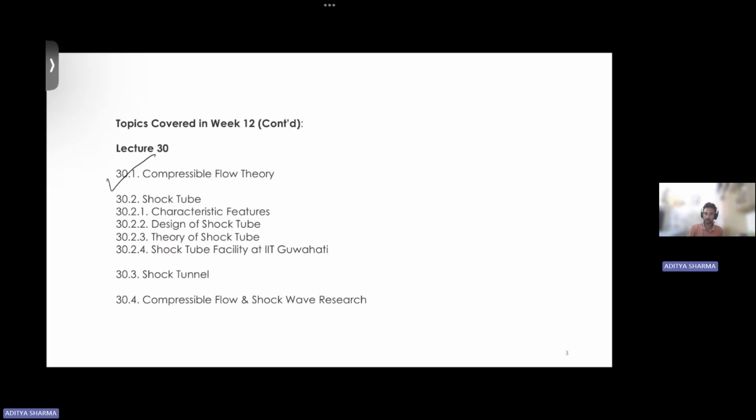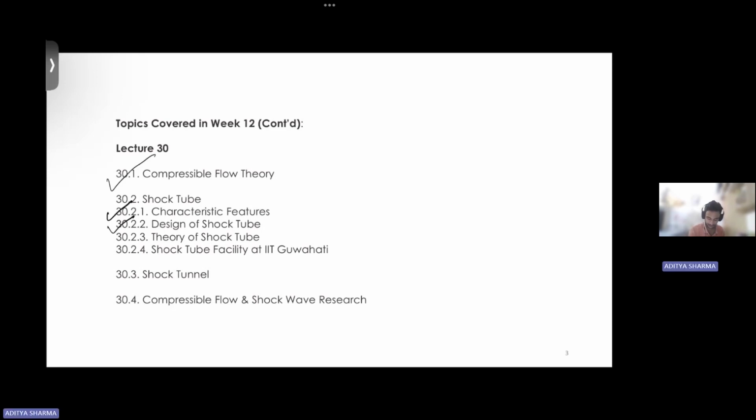In that case, we use the hoop stress to get the stresses involved in the material. So this comes in the design of the shock tube.